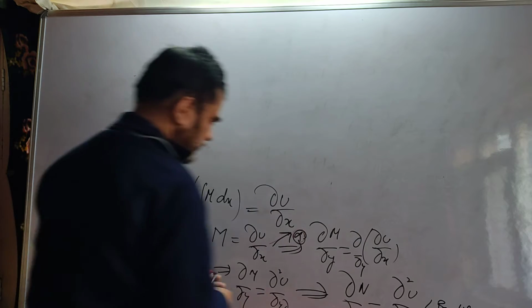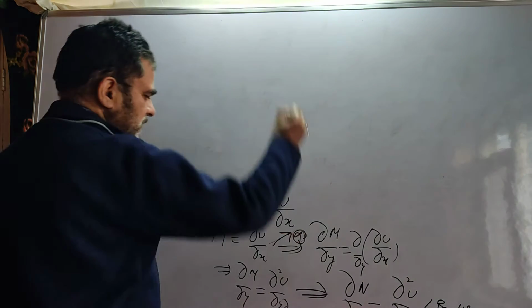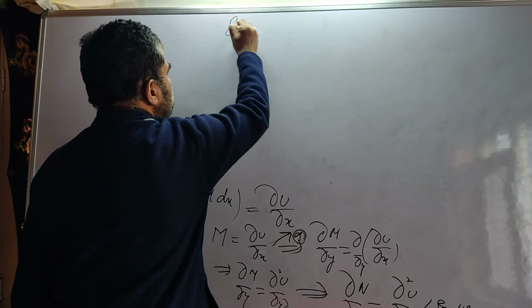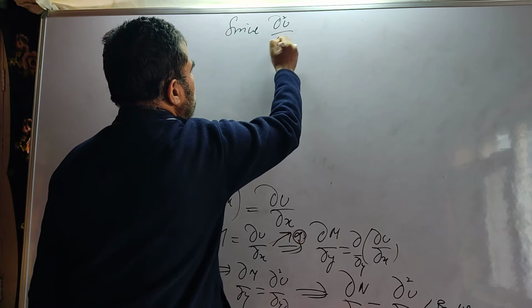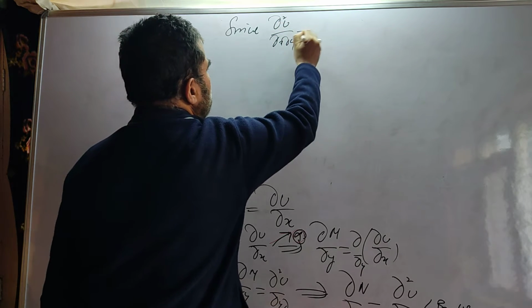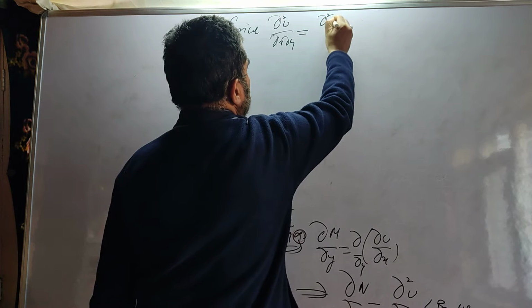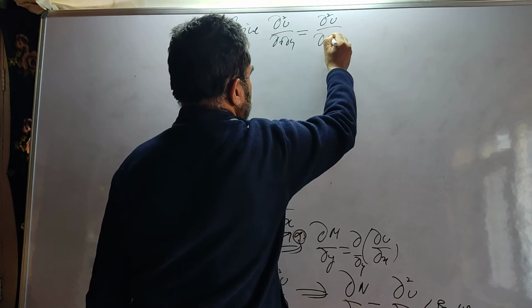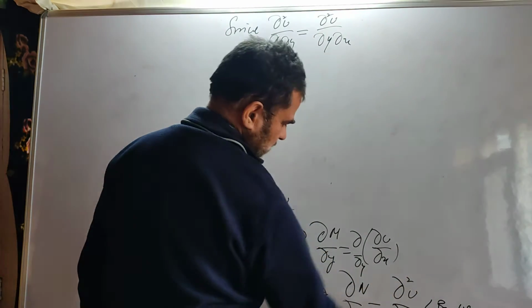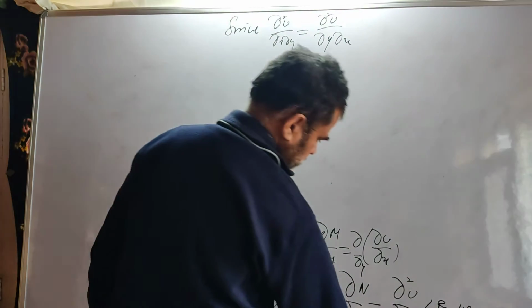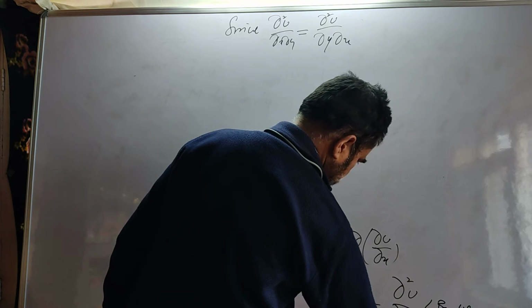You see, since dou 2u by dou x dou y is equal to dou 2u by dou y dou x, this is equation number fourth.